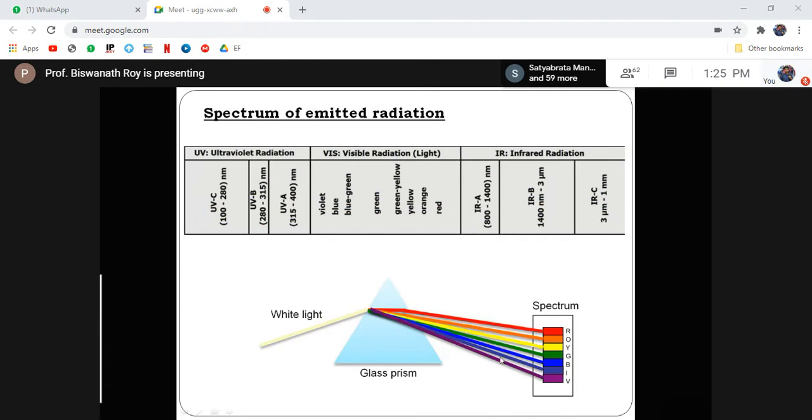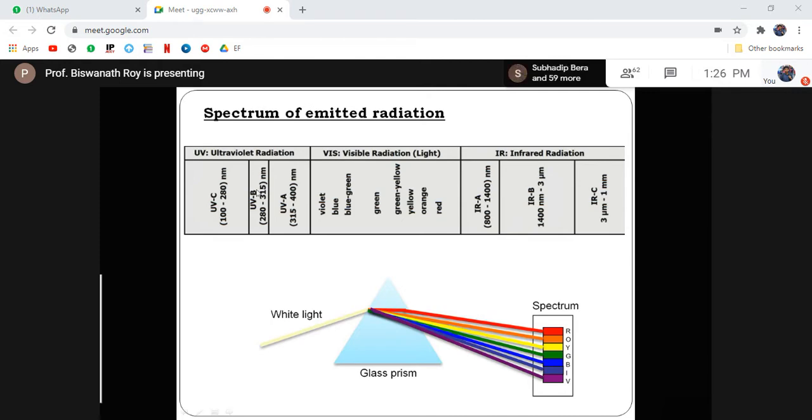So by dispersion, we can get the spectrum of the incident radiation. Whatever the incident radiation may be, by dispersion we can get the spectrum. This is the optical process, as I told you, the dispersion.